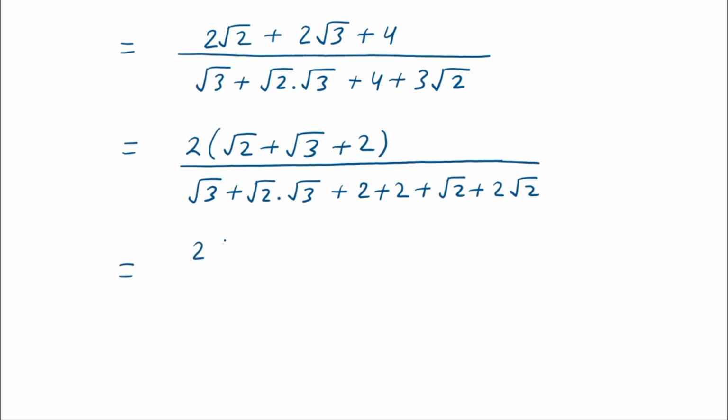In the numerator, 2 times square root of 2 plus square root of 3 plus 2, and divide by.